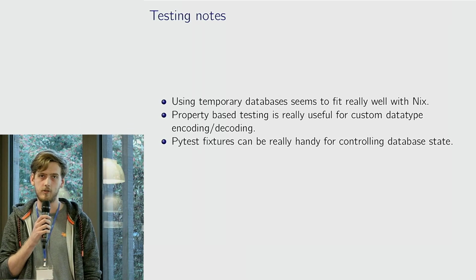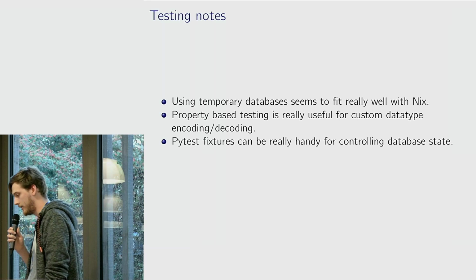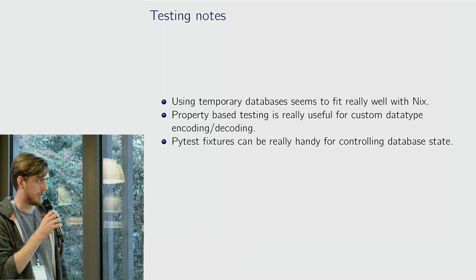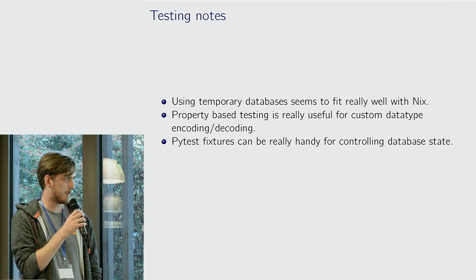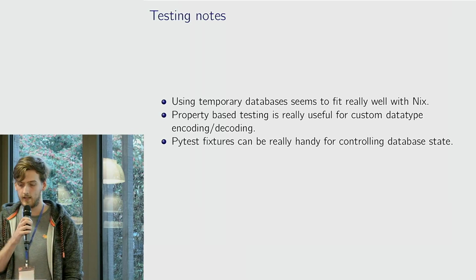I haven't heard a huge amount about it, using temporary databases. There's a tool called pgtemp, which is like a bash script that will run an instance of Postgres temporarily. And it handles some of the cleaning up a bit better than what I've been doing. There's also a package for Haskell as well, I think, called tmp-postgres, which will also do a very similar thing.